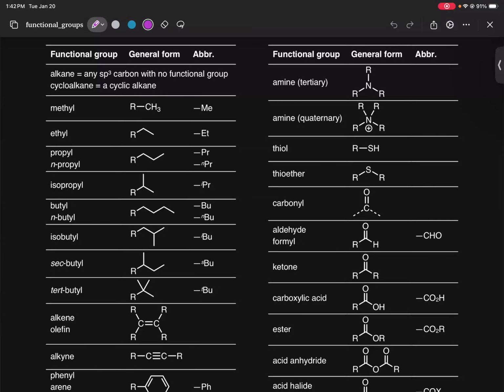R means radical, but you can also think of it as being the rest of the molecule, R for rest of the molecule. So if we have some sort of large molecule, R, and attached to it is this pattern here, a carbon with one hydrogen, with two branches of single carbons with three hydrogens, that is an isopropyl group. Okay? So, for example.